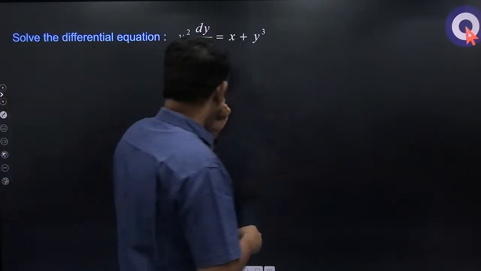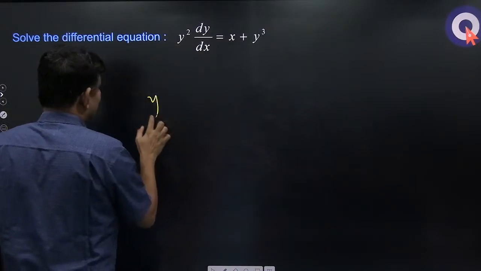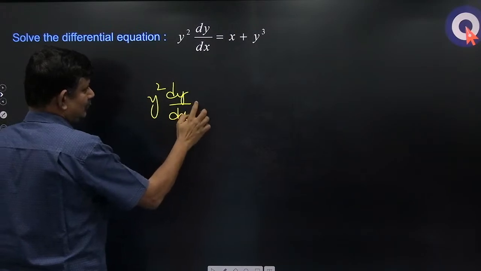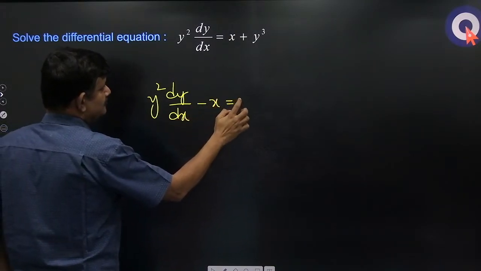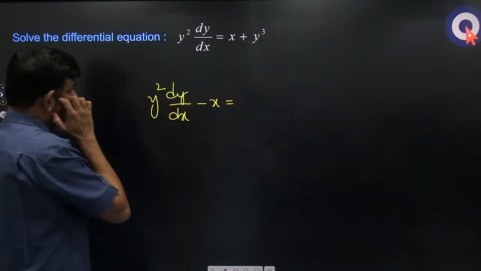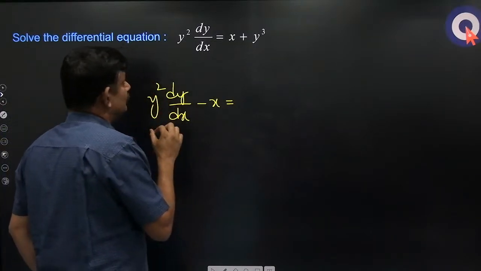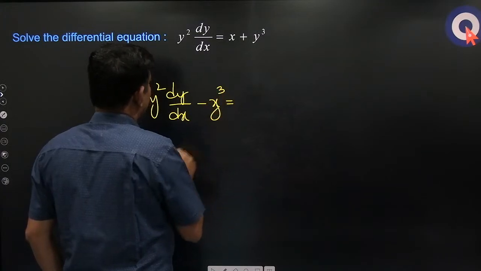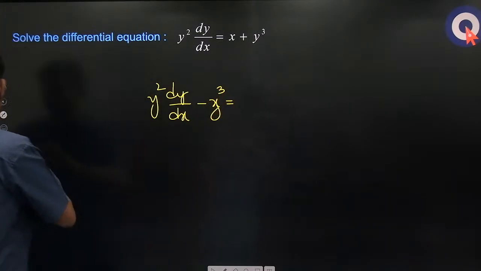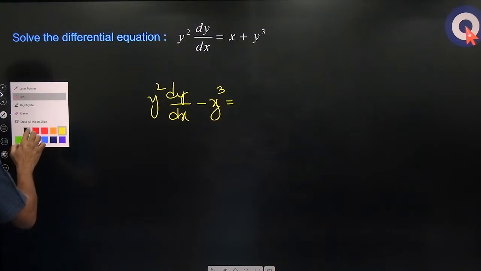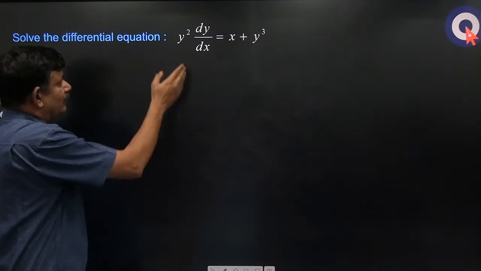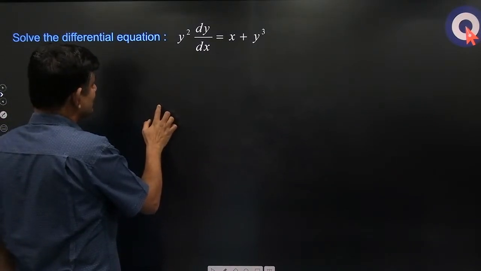For example, take this question: y square dy by dx minus x minus y cube. Okay, so how is this differential equation?